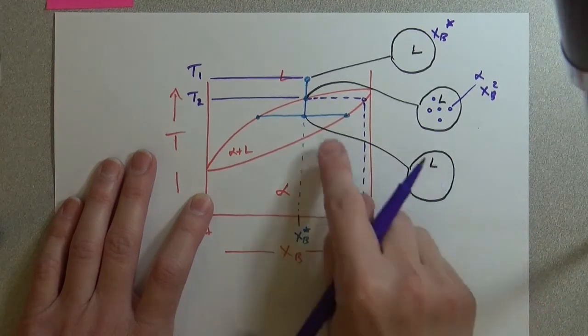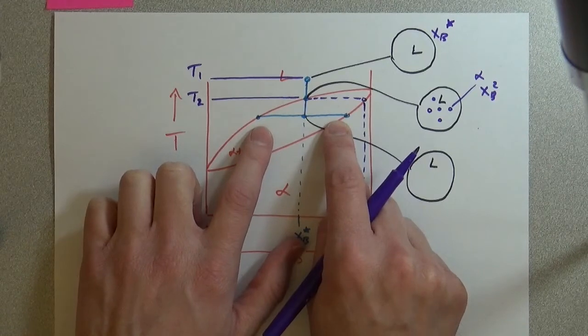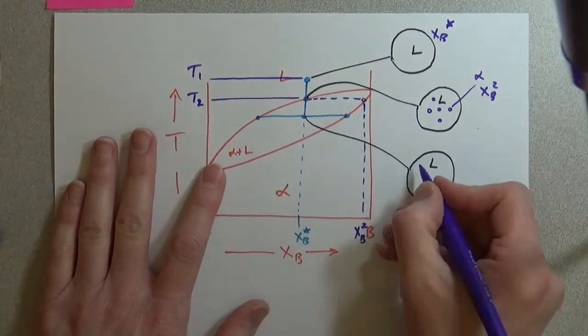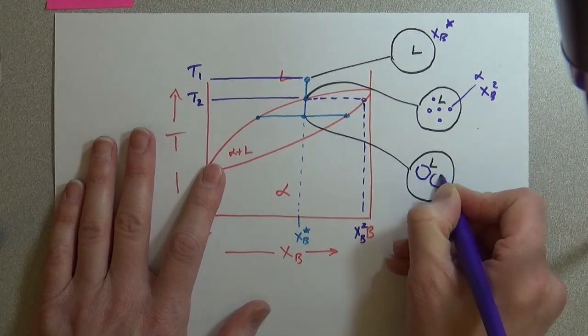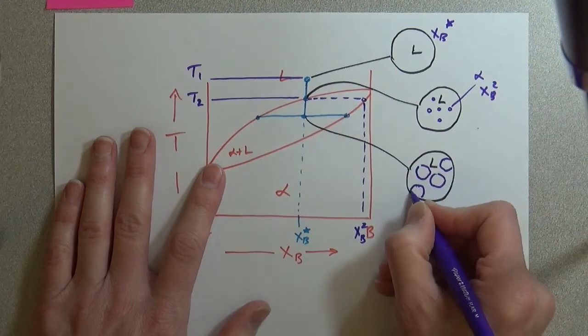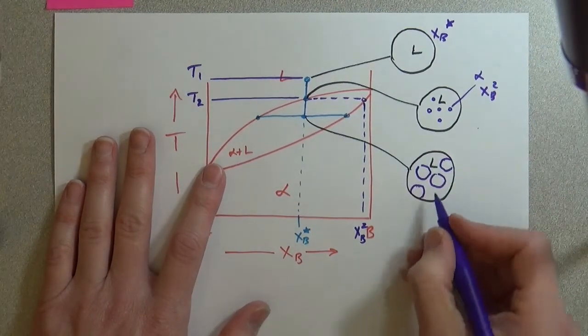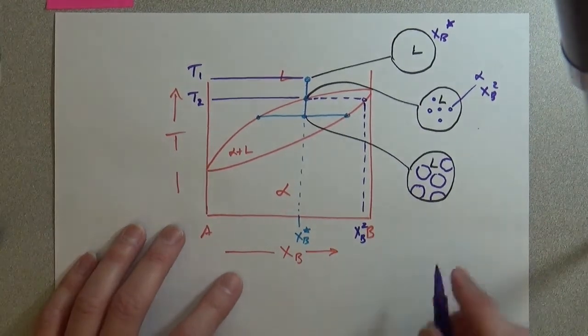And now, if you look at the tie line, it's about 50% solid and about 50% liquid, depending on how you eyeball that. This is going to be alpha.